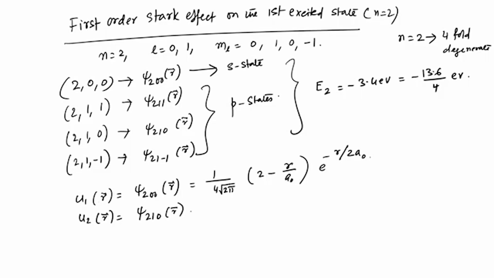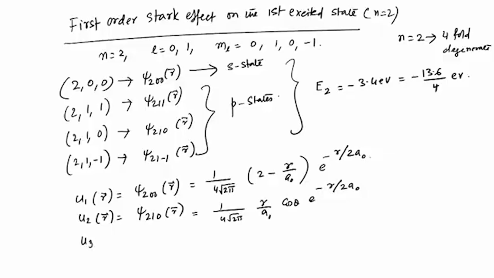So, this is equal to 1 by 4 root over 2 pi, r over a naught, cosine theta, exponential minus r over 2 a naught. You see, the L equal to 0 does not have any theta or phi dependence, whereas if L is not equal to 0, then it has a theta dependence. In addition, if M is not equal to 0, it also has a phi dependence.